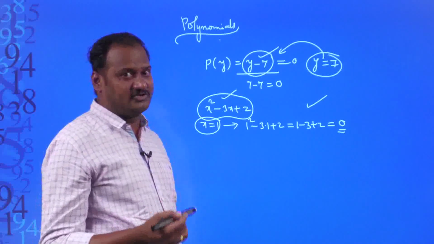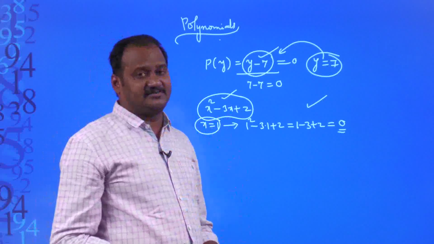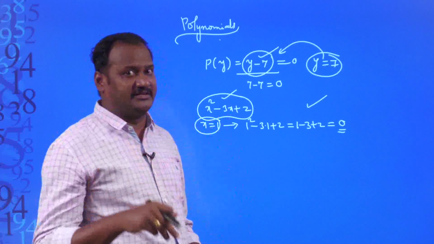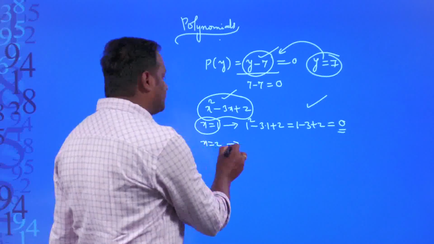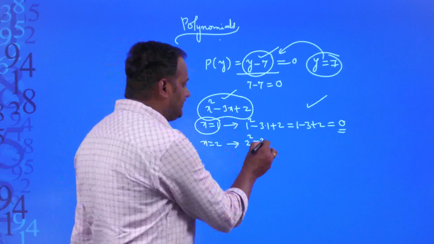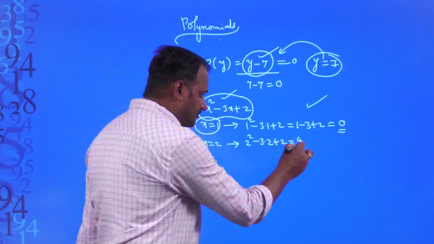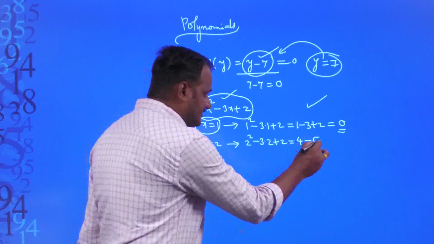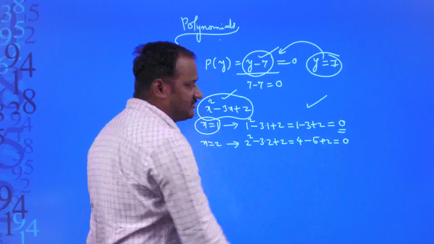And I have one more zero of the polynomial, because I know that this x square minus 3x plus 2 will be 0 for one more value of x, that is x is equal to 2. If I substitute x is equal to 2 over here, then it is 2 square minus 3 into 2 plus 2, which is equal to 4 minus 6 plus 2, which is equal to 6 minus 6 equal to 0.